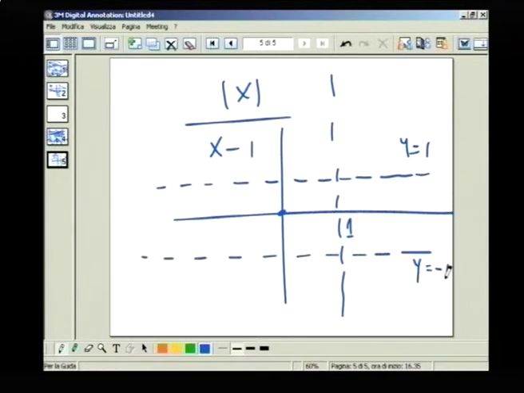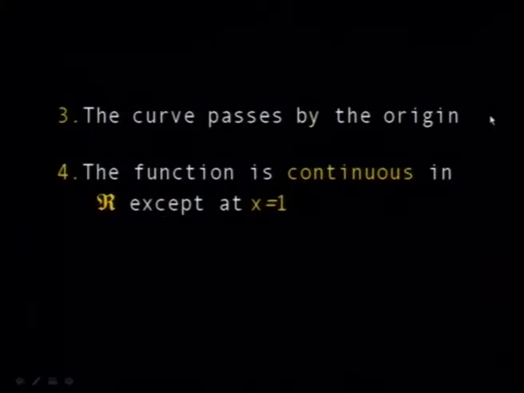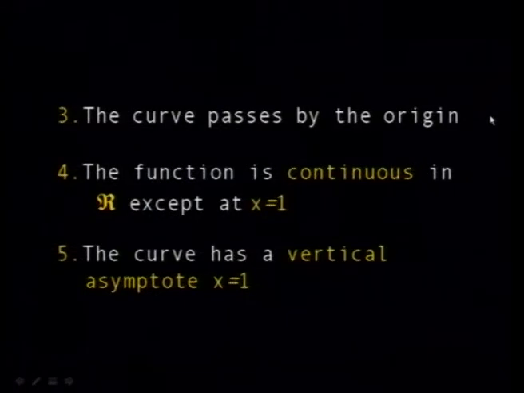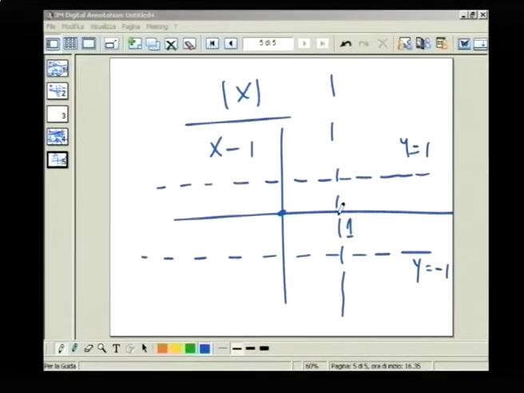So how would you draw such a function? It's not difficult, of course. The curve passes by the origin, as I said, passes by this point here in the middle. The function is continuous, of course, except at x equal to 1, which lies in the denominator of the function. And then the curve has a vertical asymptote. Of course, on the graph here, here's your vertical asymptote.